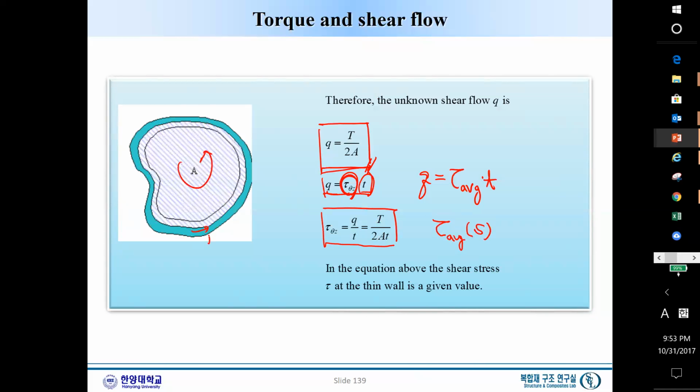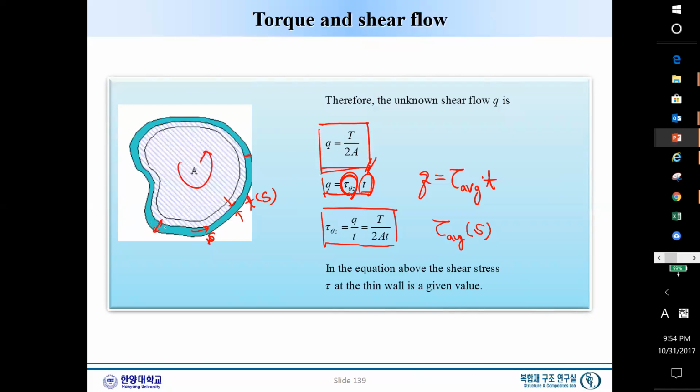S is like that. But again, please remember this: thickness is a function of S, sometimes thin and sometimes thick.